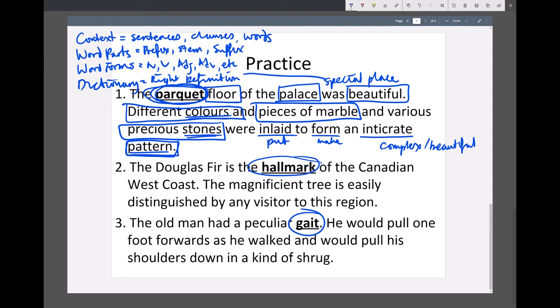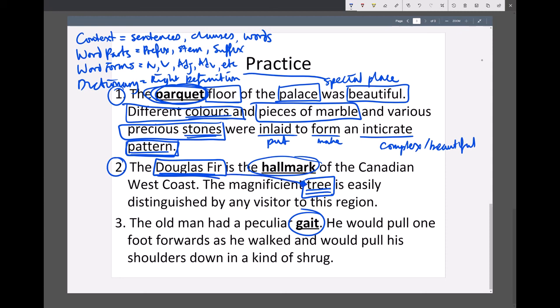Number two. All right, we finished with number one. Number two, the Douglas fir. This is a type of tree. Unfortunately, there's no context to tell you that unless you go to the next sentence, tree. So actually, if you didn't know what Douglas fir was, you can see, it's a tree.